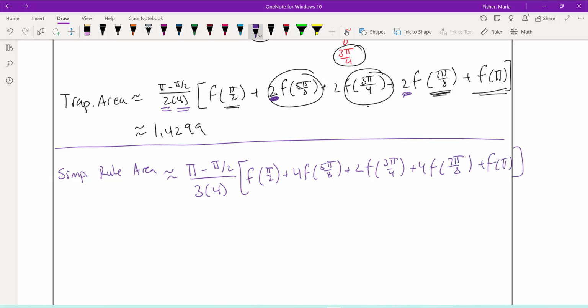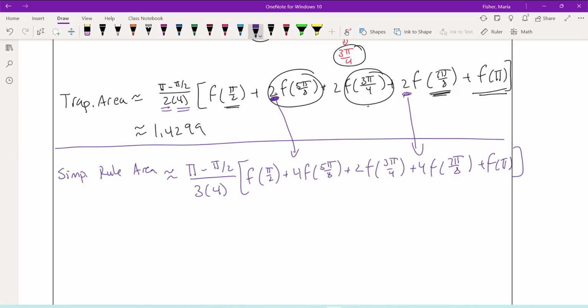So we end up with pi minus pi over 2 divided by 3 times 4. And then it's going to be times f of pi over 2 plus 4 times f of 5 pi over 8 plus 2 times f of 3 pi over 4 plus 4 times f of 7 pi over 8 plus f of pi.